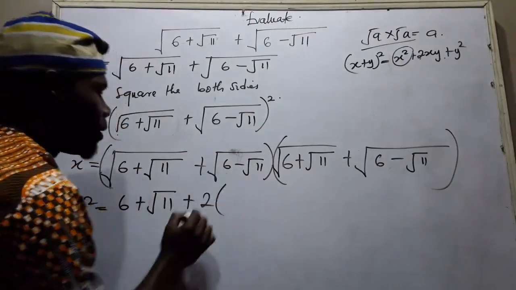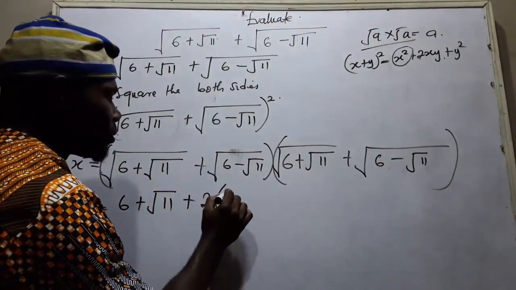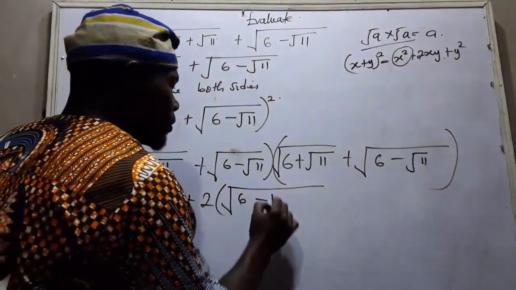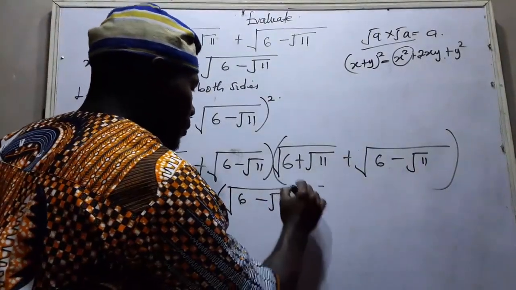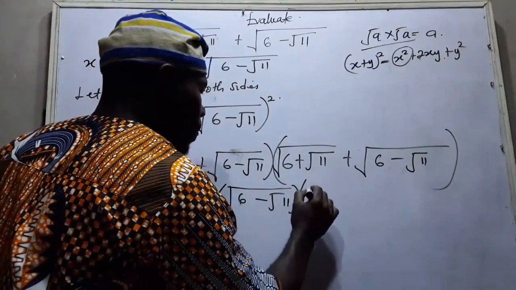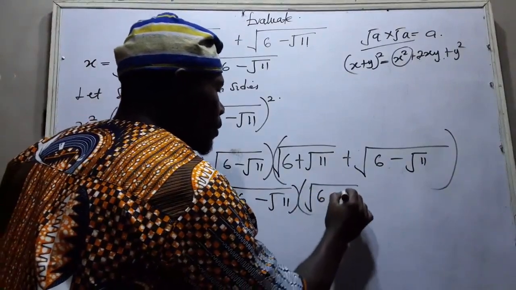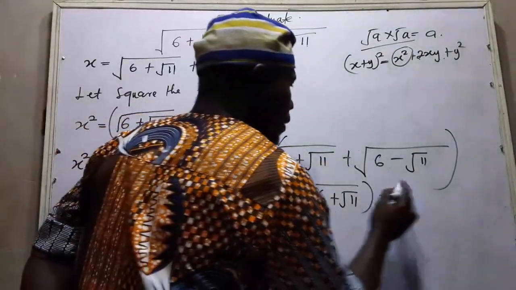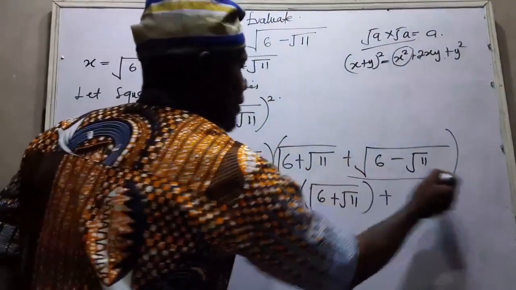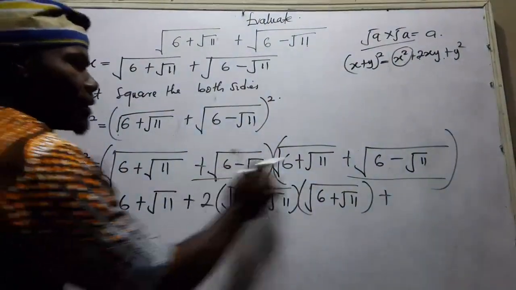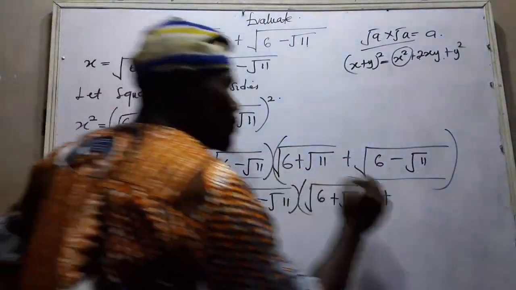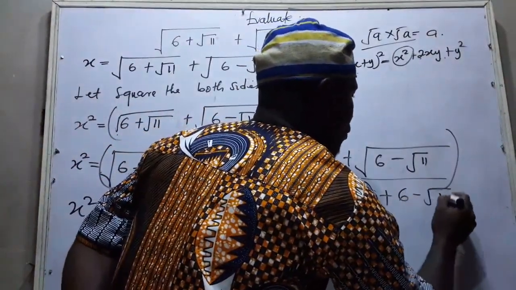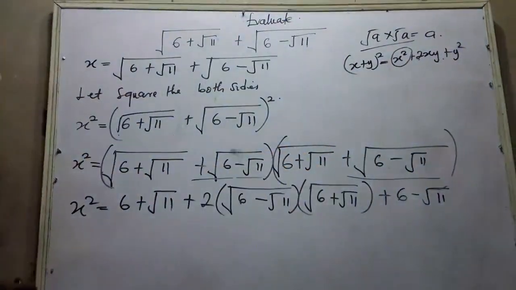So we have plus 2 root 6 minus root 11, you open a bracket onto root 6 plus root 11. So therefore plus, the square of this, by the time you multiply this and this together, will give you, because of the law, 6 minus root 11. So that is where we are going to.